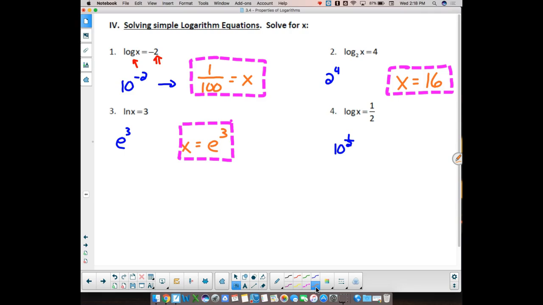Exponents of 1/2. What? Square roots. Another thing that you should have memorized by now. Exponents of 1/2 are square roots. 1/3, third roots, fourth roots, etc.